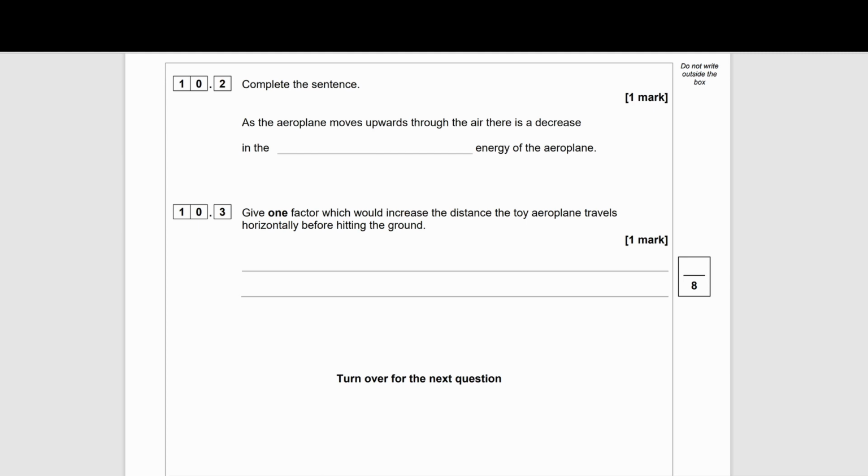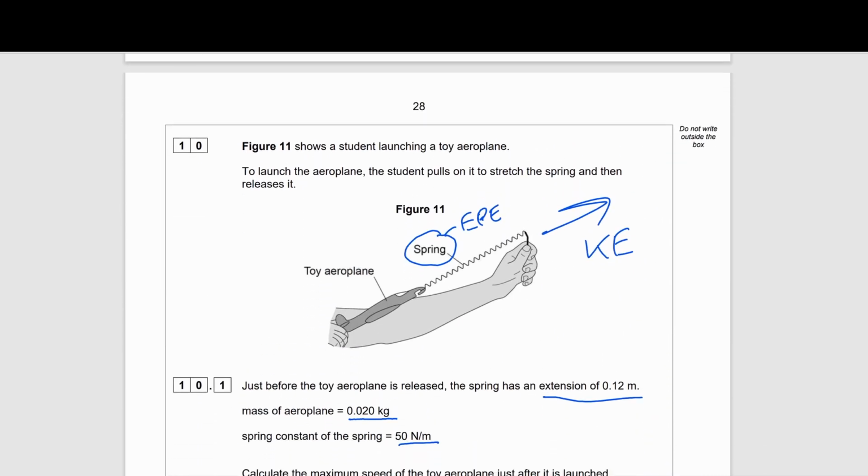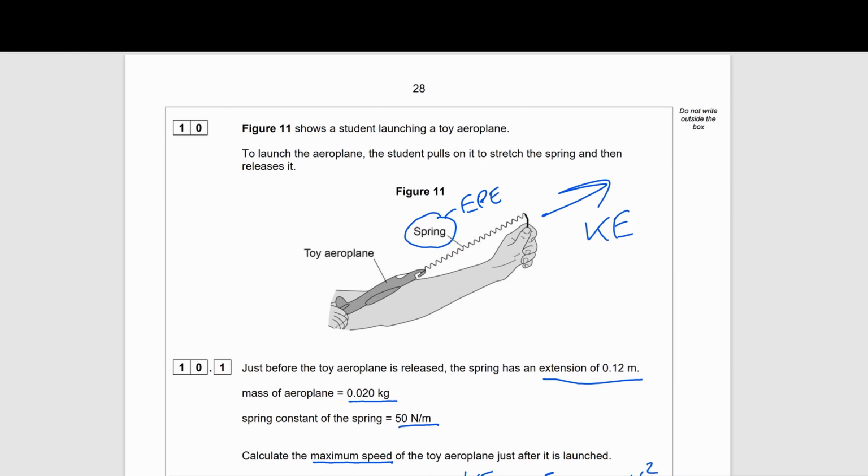10.2. As the aeroplane moves upwards through the air, there is a decrease in the something energy of the aeroplane. 1 mark. So, we saw that our aeroplane is going to get released and then it will move upwards through the air.